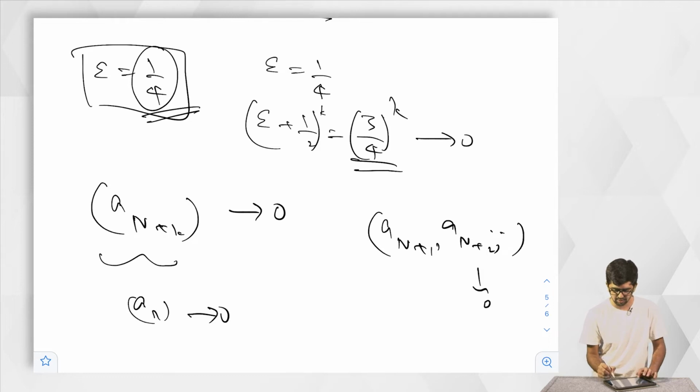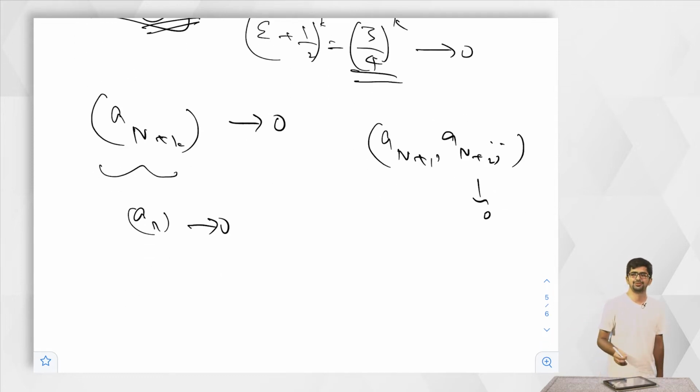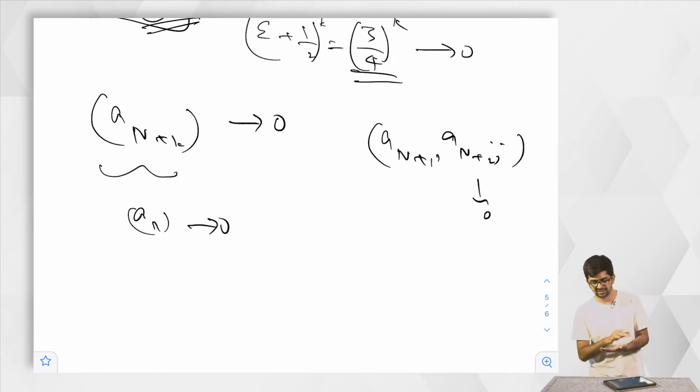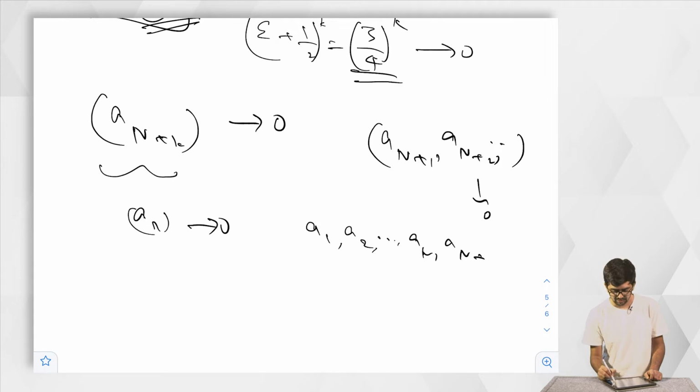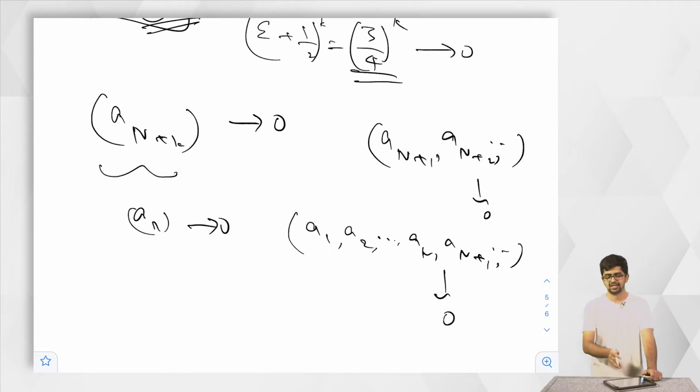This sequence is going to 0, but you already know and I already said also, if we are looking for the convergence of a sequence, all we know is that after a certain stage it is convergent to something, then the same thing can be said about the sequence starting at a_1, a_2, dot dot dot, a_{n+1}, and so on. This also goes to 0. I said before also.